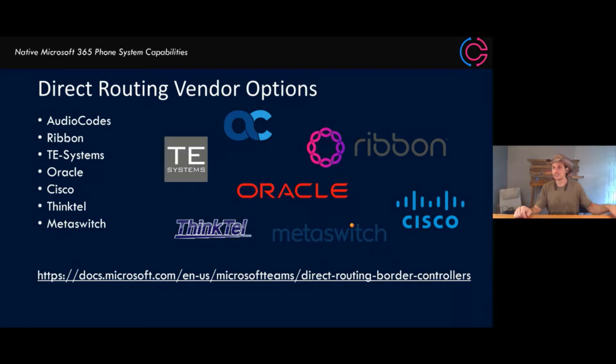There have been a lot of Cisco-based customers that have been very interested in connecting their existing Cisco telephony environment with Microsoft and leveraging their existing Cisco cubes for doing such. And now that that was released into general availability most recently, that's kind of where some of the more recent buzz came from. But if you go to this link at the bottom, you can take a look at all those border controllers that are there for each vendor and what the different requirements are, supported software levels, all that jazz.